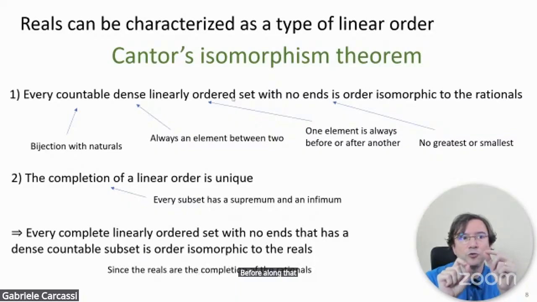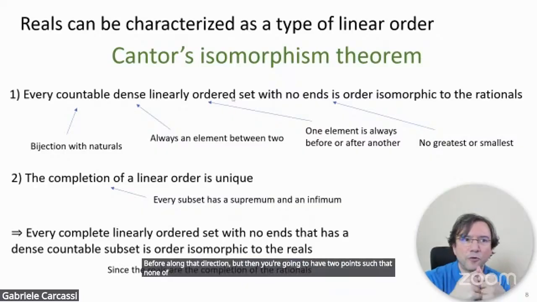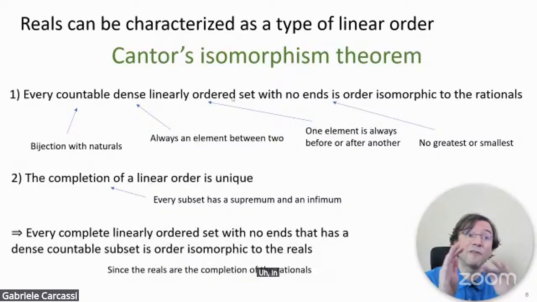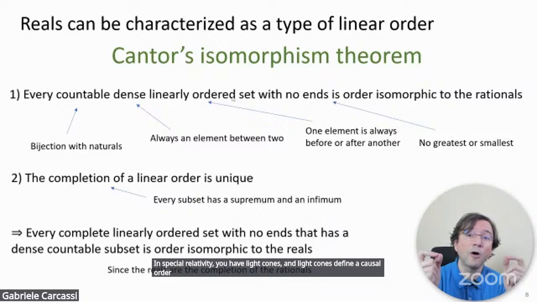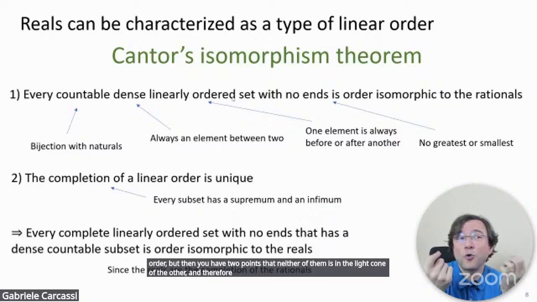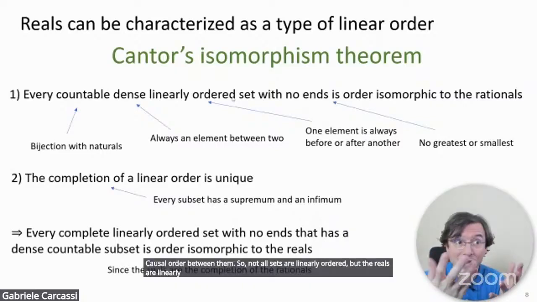But then you're going to have 2 points such that neither of them is before the other, right? Even in special relativity, you have light cones. Light cones define a causal order, but then you have 2 points such that neither is in the light cone of the other, and therefore they're not ordered. There's no causal order between them. So not all sets are linearly ordered, but the reals are linearly ordered, and the rationals are linearly ordered.